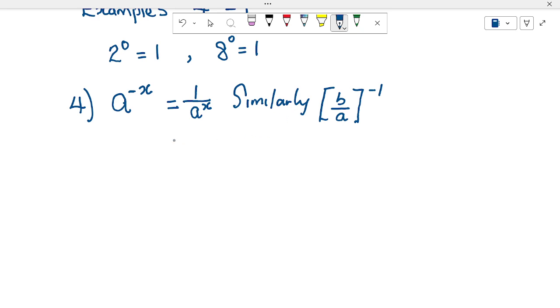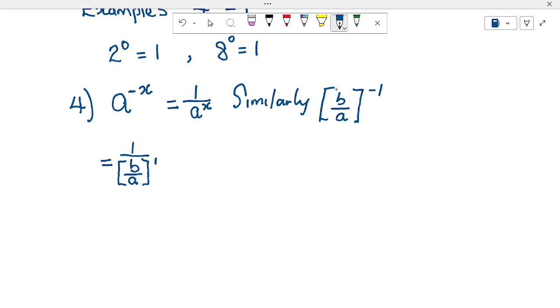Now let me explain what happens there. If you want to apply this law here, it will therefore be 1 all over b divided by a raised to power 1.